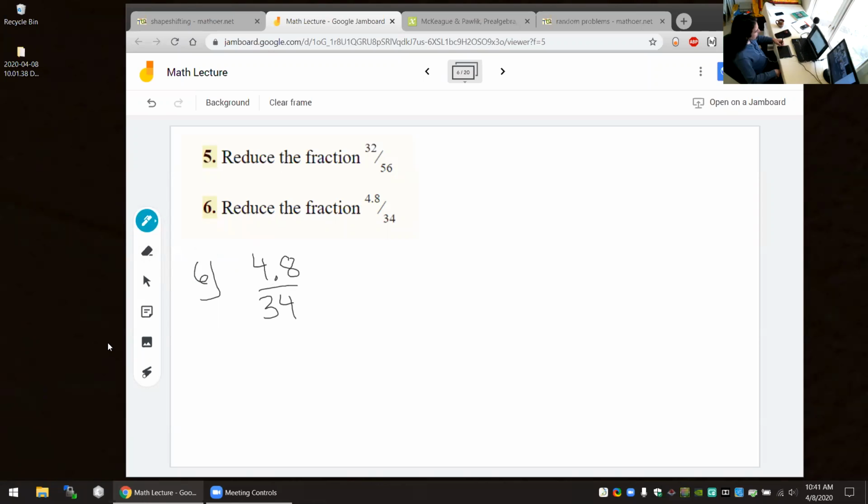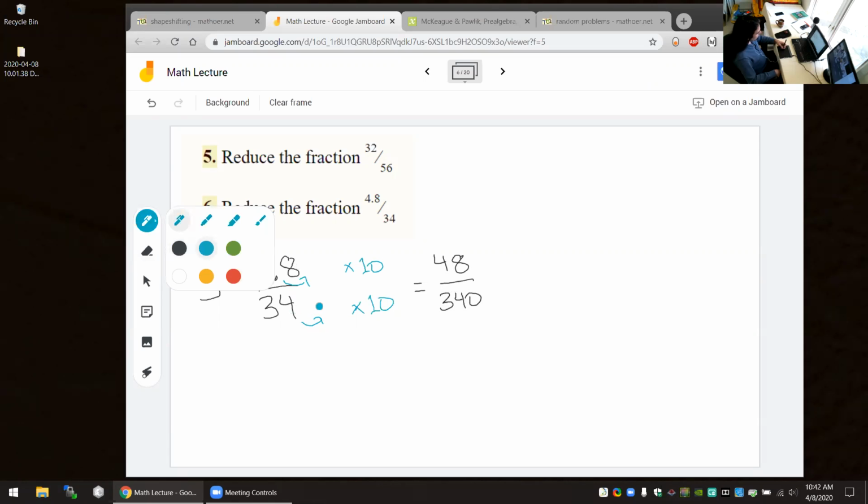I want to be accurate, not round the things. Yes, I can multiply the top and bottom of a fraction by the same thing. And one decimal scoot is the same as a times 10. If I do it to the top, because I want to, then I have to be fair and do it to the bottom also. So I'm going to get 48 over 340, because when I scoot one from a decimal place that's hiding after my whole number, then I get 0 there.